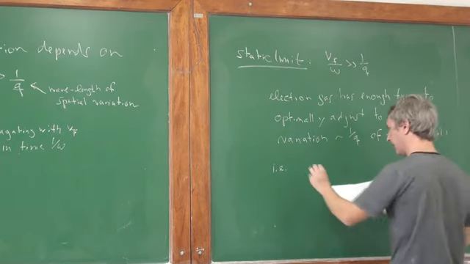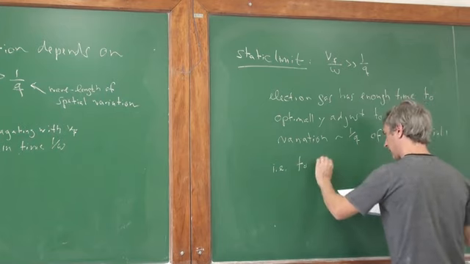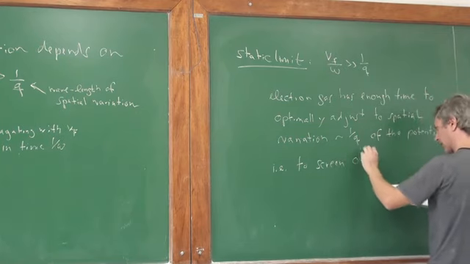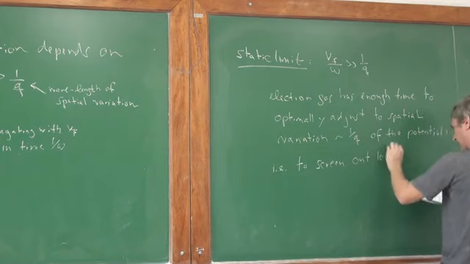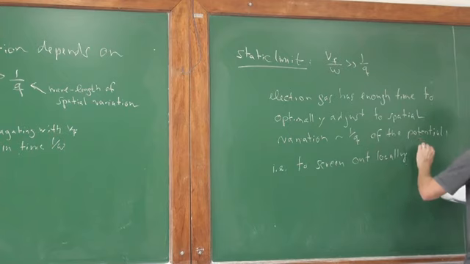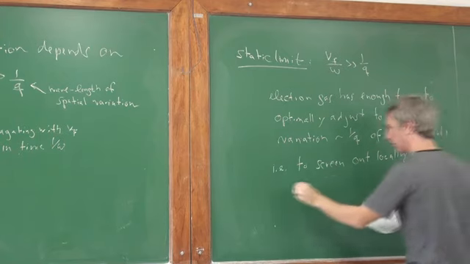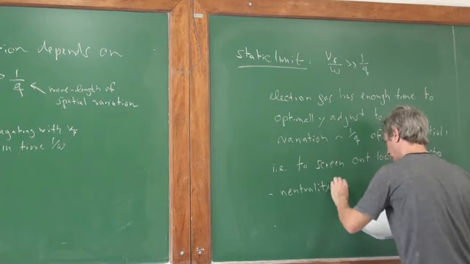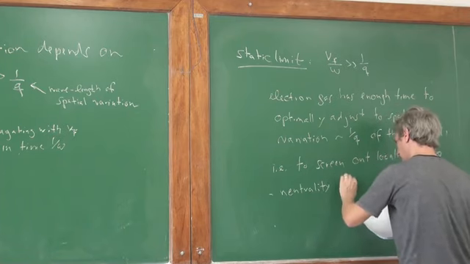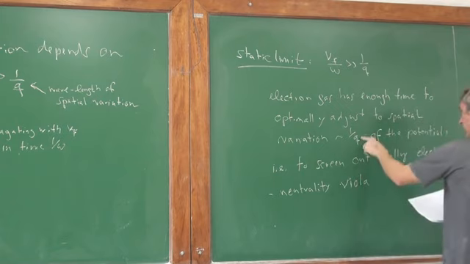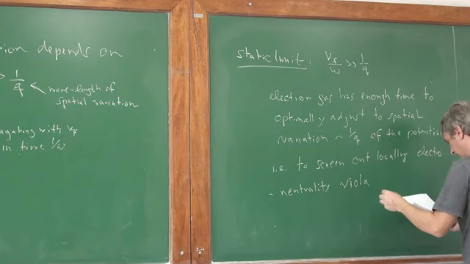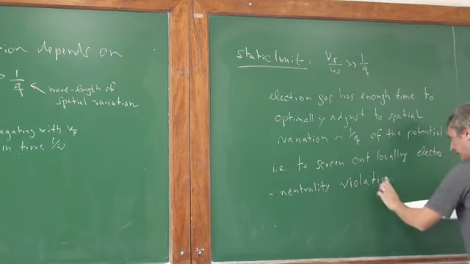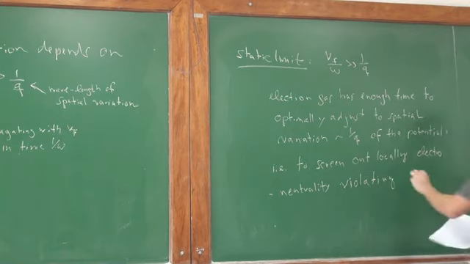So here, this means to screen out locally the electron neutrality violation that is put into the system by spatial variation of the potential, or violating potential fluctuation.